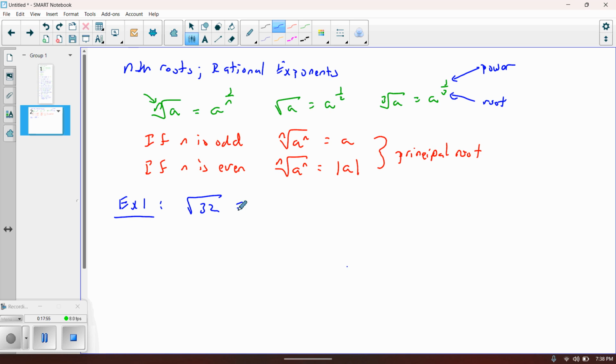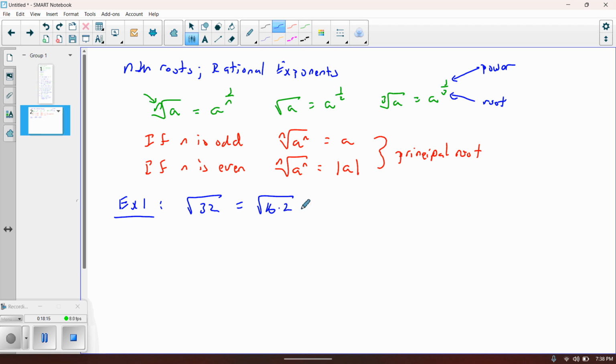You're looking to see whether there's any perfect squares that go into 32. And 4 goes into 32 evenly, and 4 is a perfect square. There's a bigger one, though. 16 goes into 32 evenly. So we could rewrite this as the square root of 16 times 2.